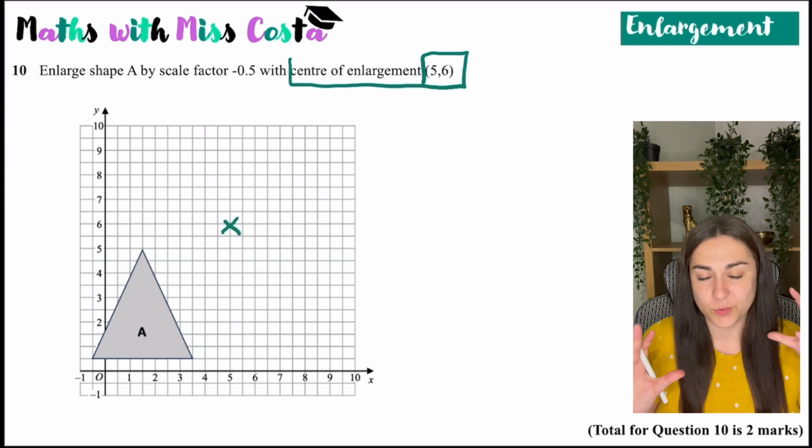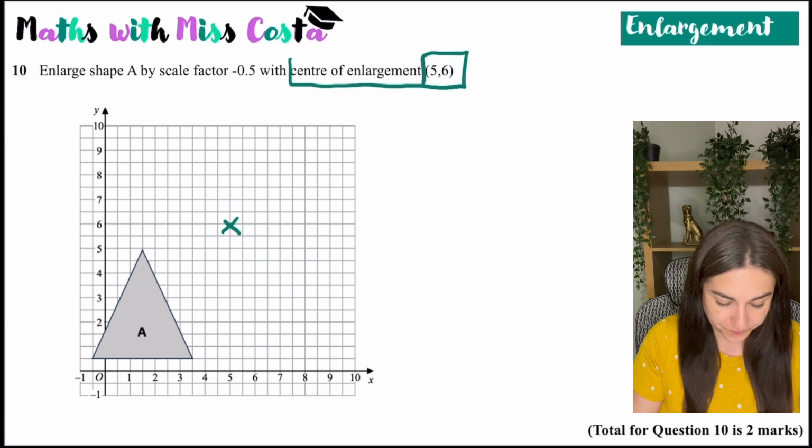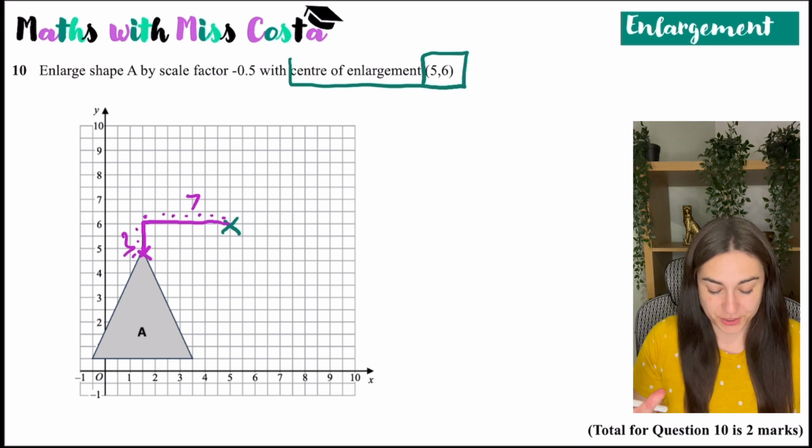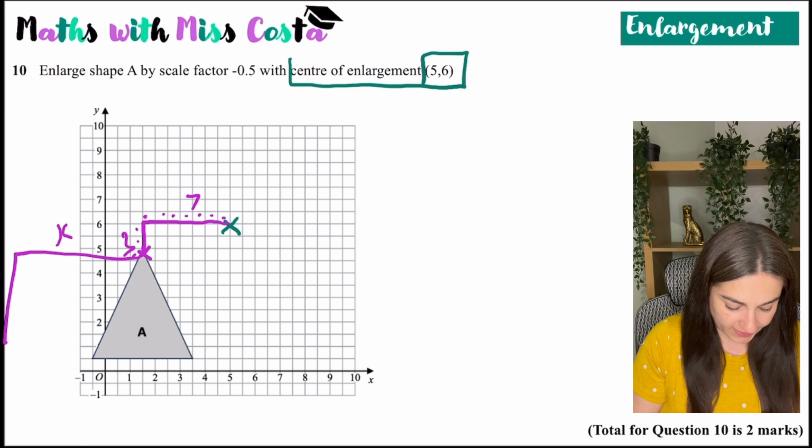Now, if you're just ordinarily enlarging something by, let's say, scale factor 2, what you would do is count the squares from the center of enlargement to your shape. So let's just say that's 7 and 3. Let's say we're enlarging it by scale factor 2. What you would do is double those distances. So it would be 14 and 6, and then you'd plot your new point.